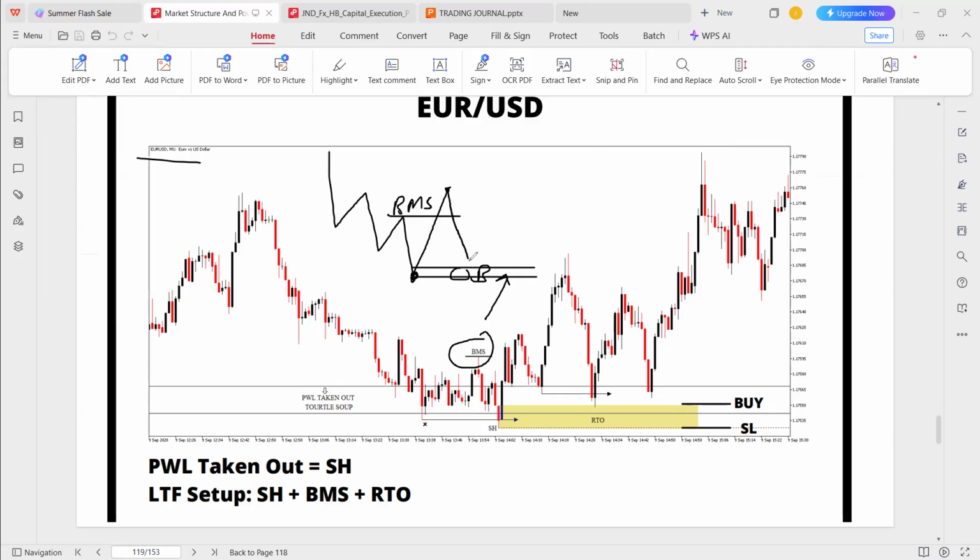This could also end up becoming a failed swing right here. So, you know, when your price fails to break the last low, that's an SMS or a failed swing. So as soon as we break another structure again, we are looking for buys. So the main thing you're looking for is this retracement here.